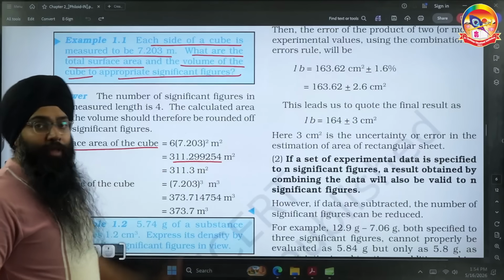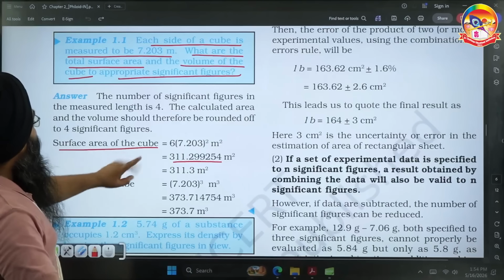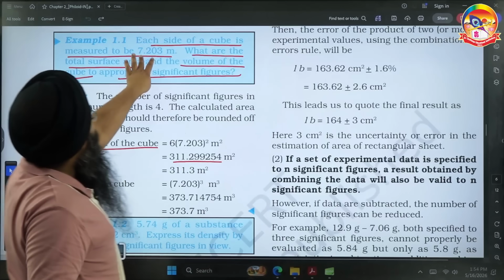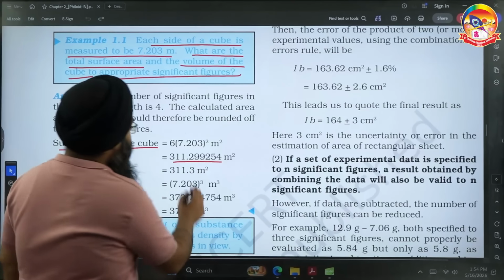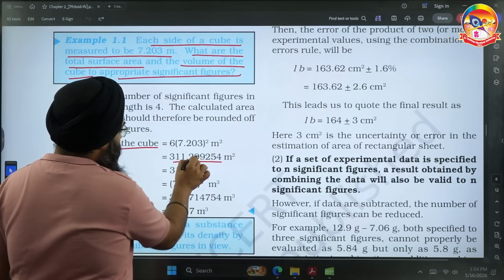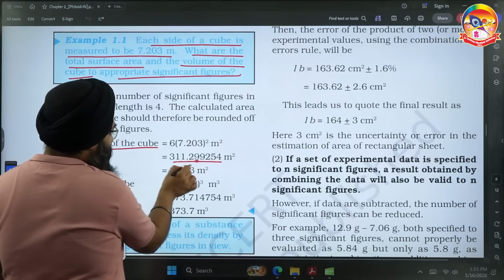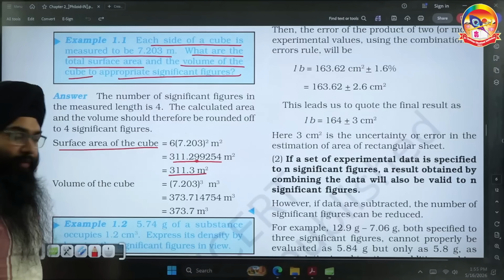But this will not be the answer, because in the final answer the least number of significant figures should be retained. That is 4, so 4 significant figures have to be retained. That means the digit 9 has to be dropped. The first digit which has to be dropped is more than 5, so the preceding digit will be raised by 1. So the answer will be 311.3 meters square.